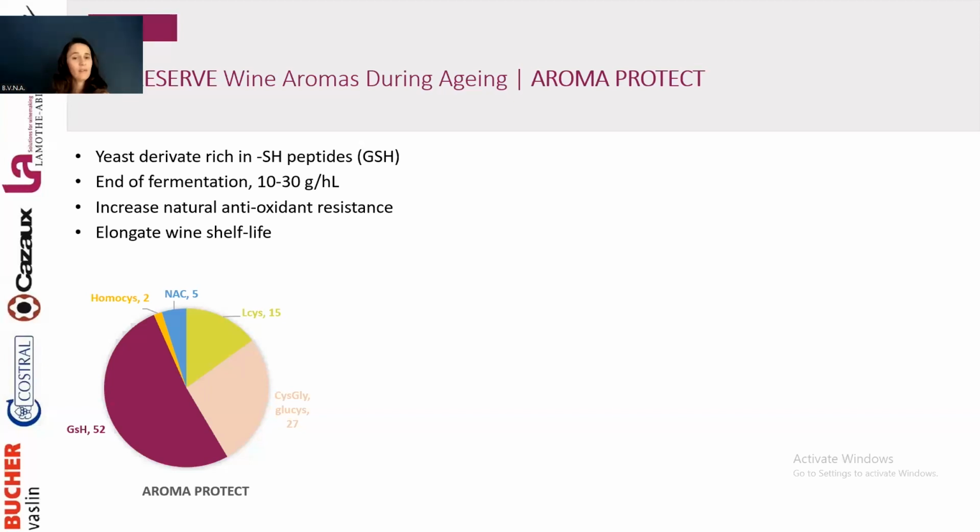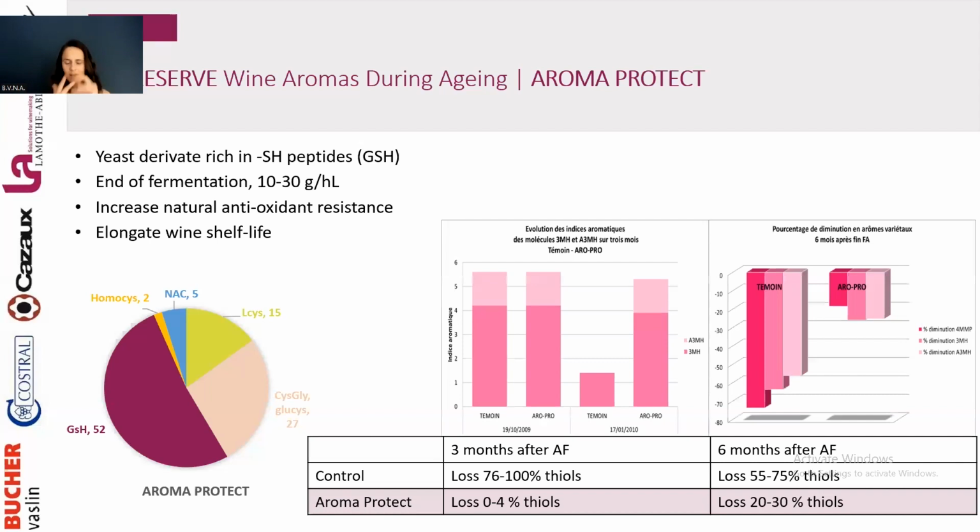We use it towards the end of the fermentation, and it's going to naturally increase the antioxidant resistance of the wine and elongate the wine shelf life. As you can see in this graph here, we are comparing the control with the addition of Aroma Protect, looking at 3 months after what happened to the thiolic compounds. Here, there is no 4-MMP, so we only look at the 3-MH and the acetate 3-MH.